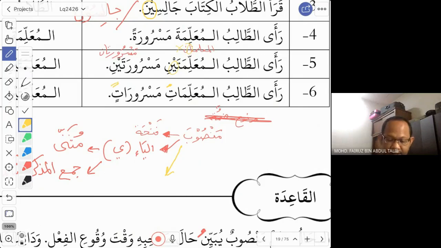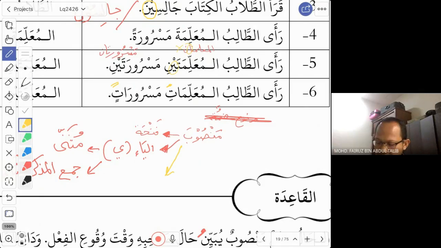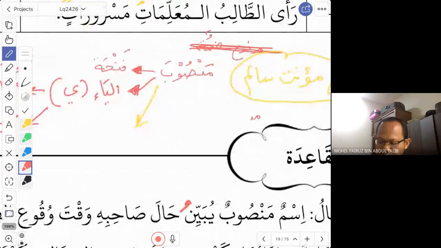Why is that? The reason is this is jama' muannas salim, the one that ends with alif ta. For example, what is the jama' muannas salim for Muslimah? It is Muslimat.